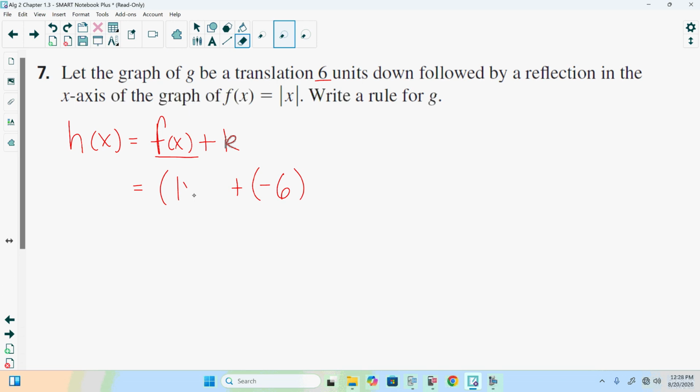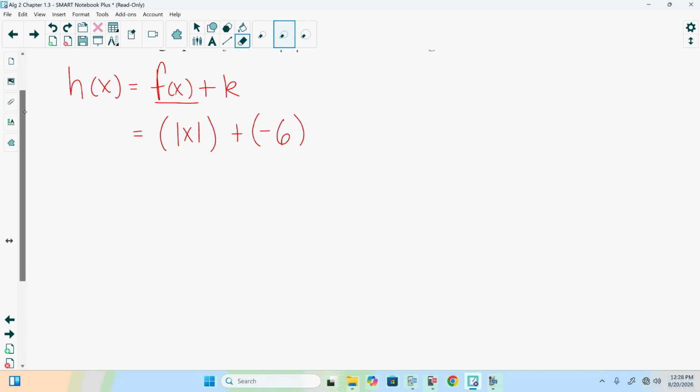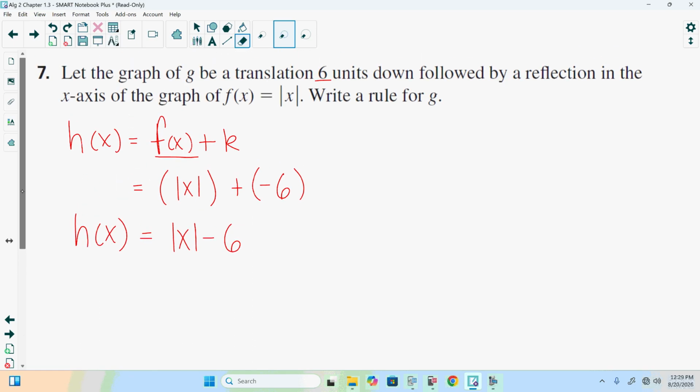F of x is absolute value of x. Don't need the parentheses around our absolute value, so we can drop them. Plus negative 6 is just going to be minus 6.